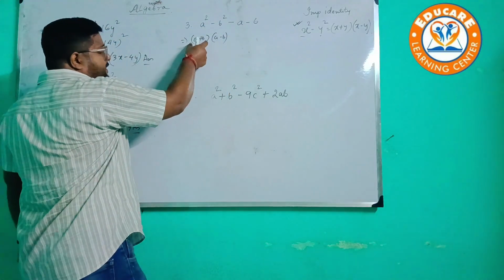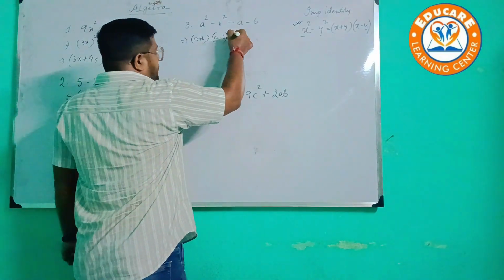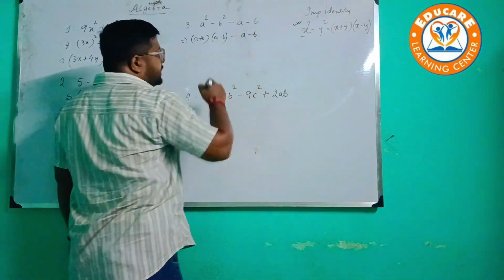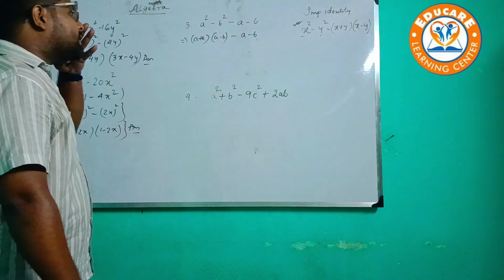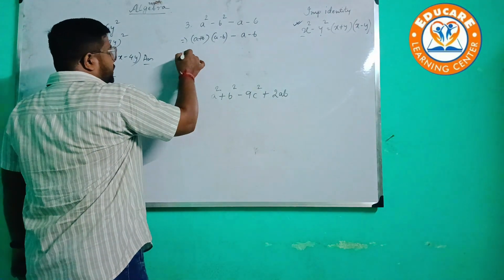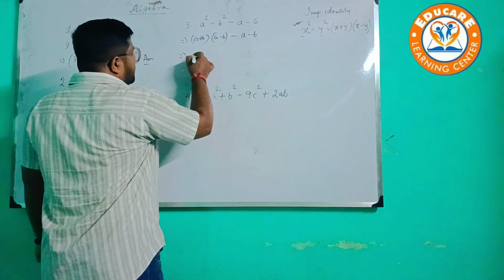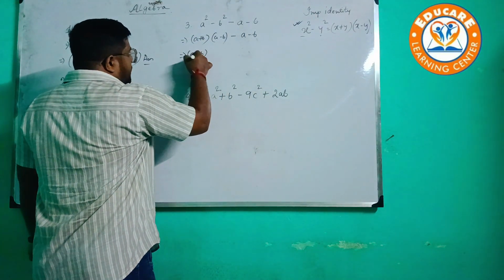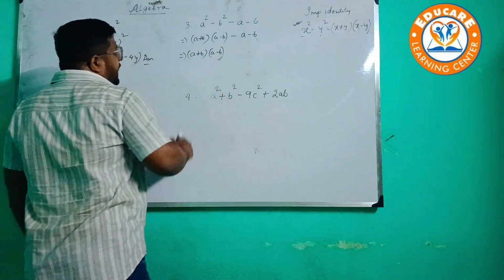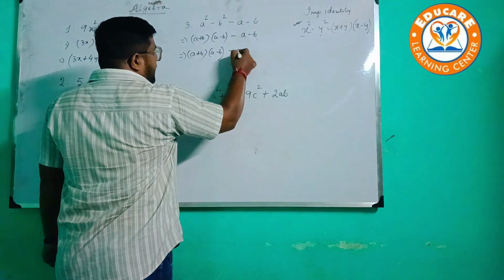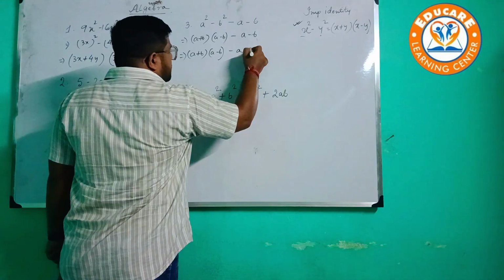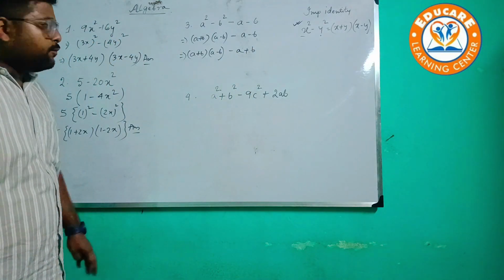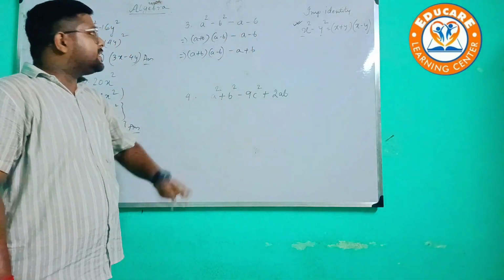This thing we can write as a plus b and a minus b, minus a minus b, keep it as it is. Now if we look at this part properly, we can write a plus b and a minus b, and over there minus a, and minus minus is plus b. We can write this as minus a and minus b.